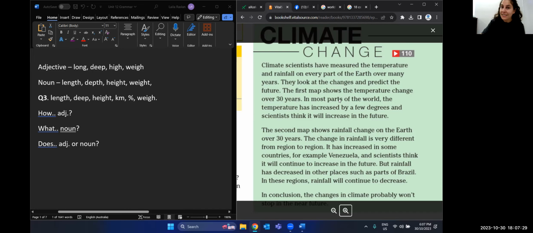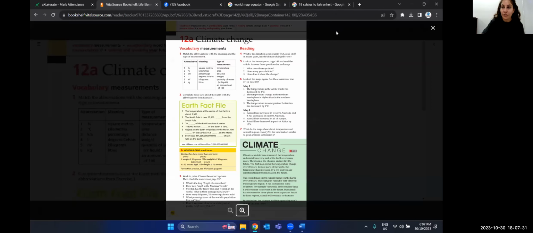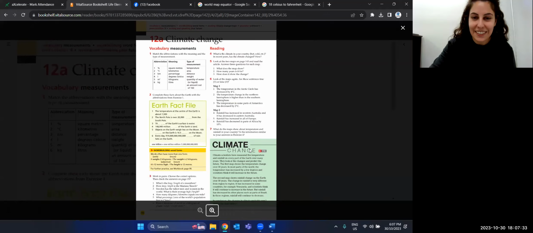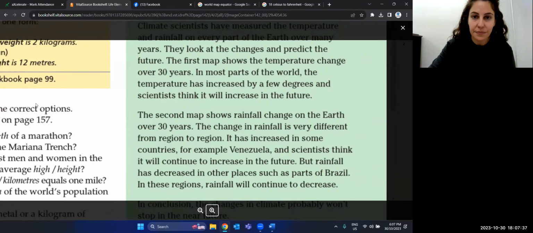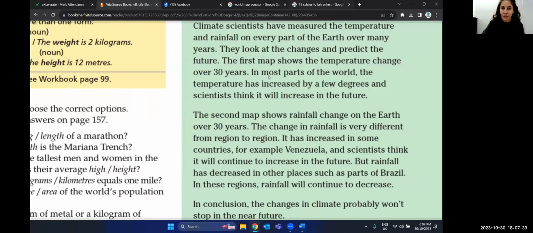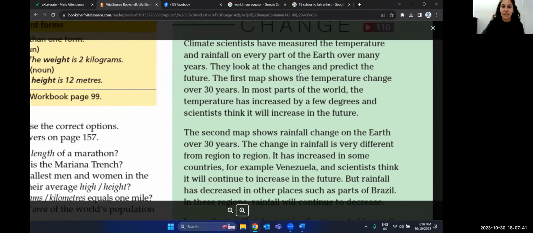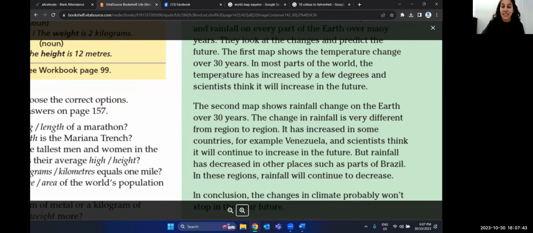In most parts of the world, the temperature has increased by a few degrees, and scientists think it will increase in the future.